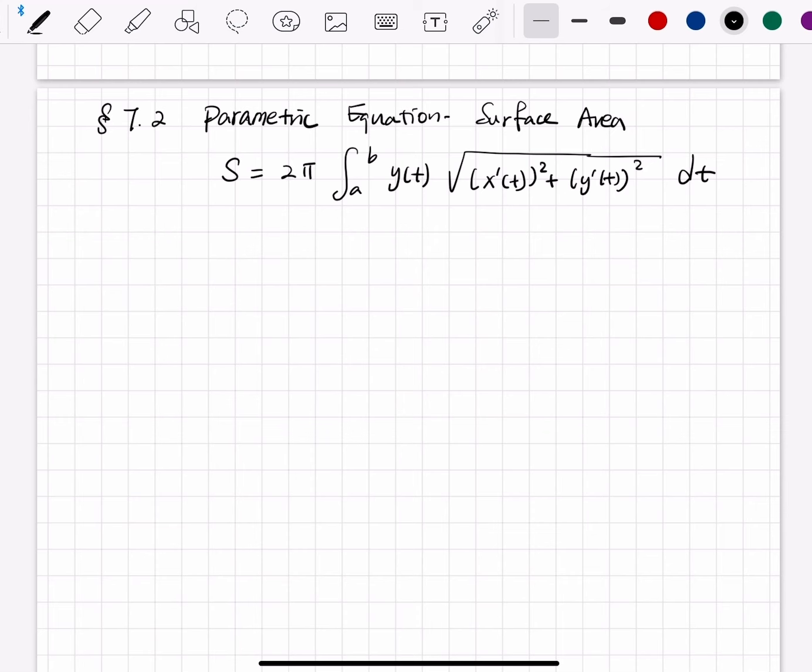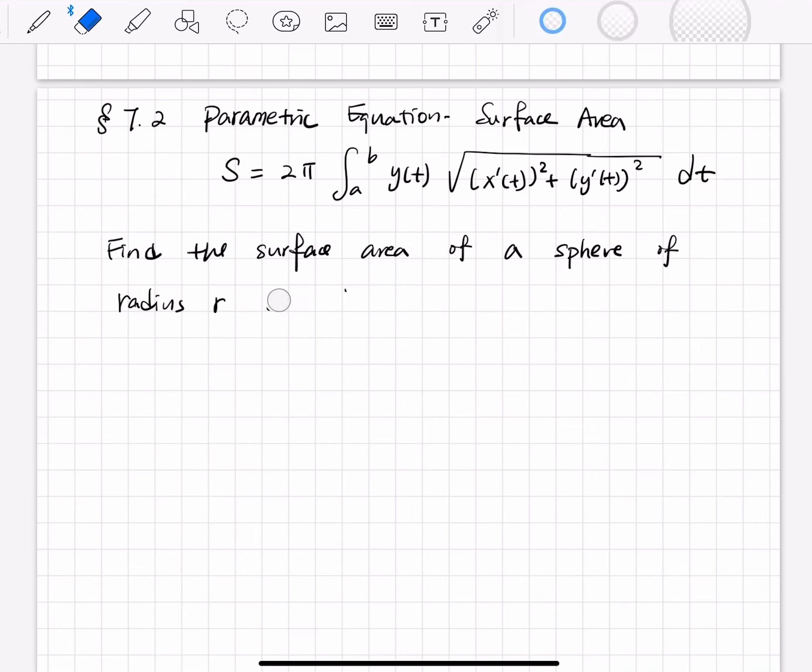So what we can do is, let me just write it, find the surface area of a sphere of radius r centered at the origin.